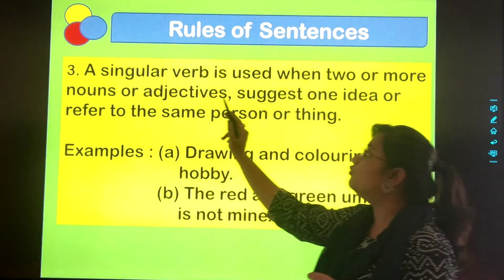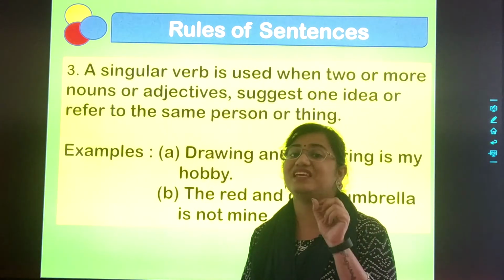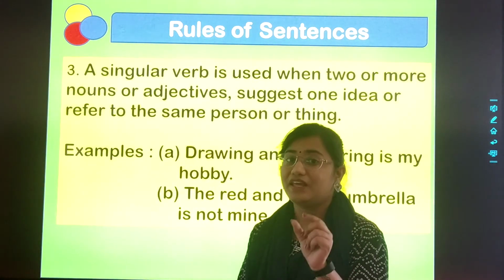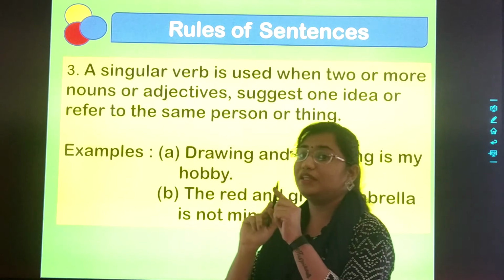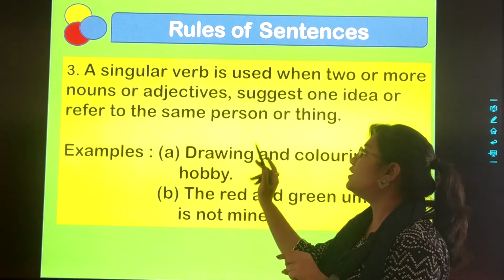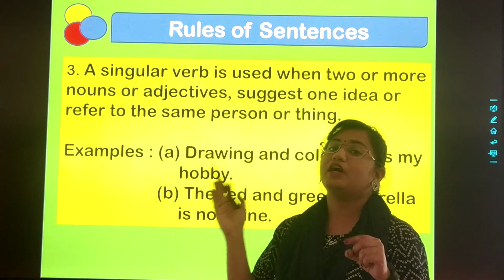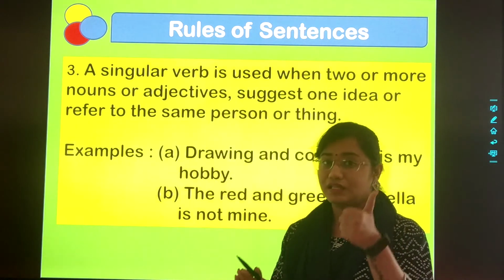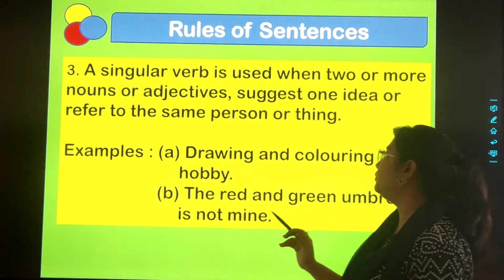Dear children, we will be using a singular verb when the thought or the idea of a noun or an adjective is referred or conveyed. Is it clear? See the example.